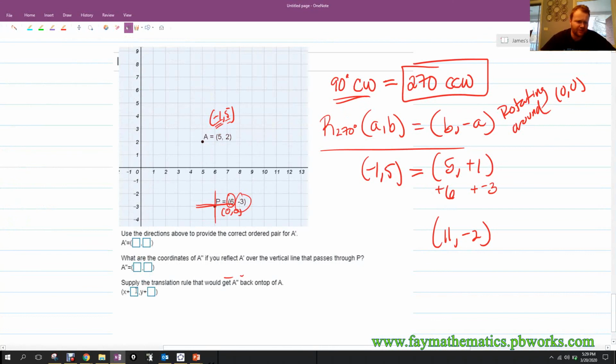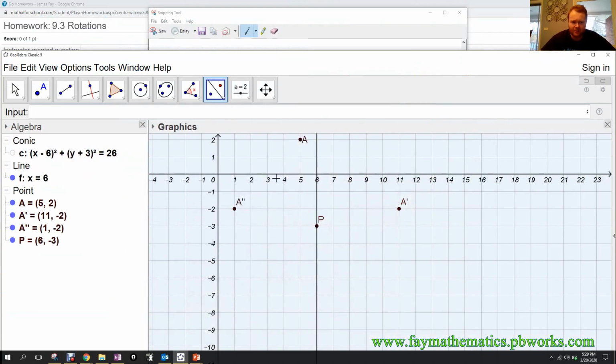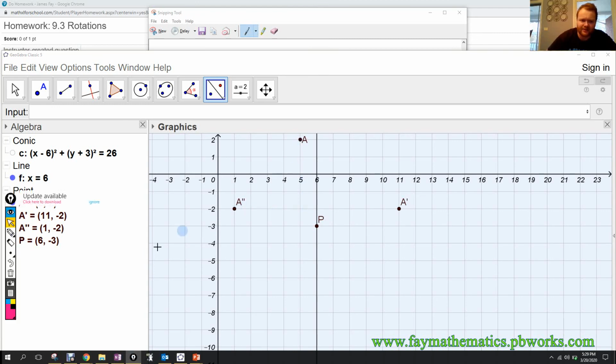Okay. Now it says to apply the translation rule that would get A double prime back on top of A. So now I'm just going to say, well, what do I need to do to move A double prime so that it lands back on top of A?